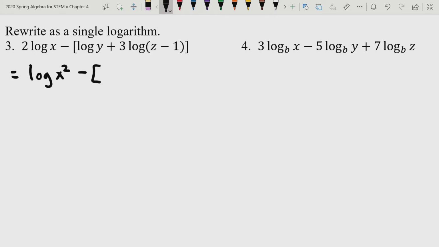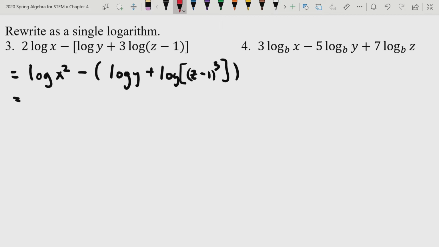We don't have a rule that lets us take the log of something plus 3 times the log of something else. So we first have to deal with this 3. I leave this log of y alone and use the power rule to take this 3 up as an exponent. So this is the log of z minus 1 to the 3rd power.